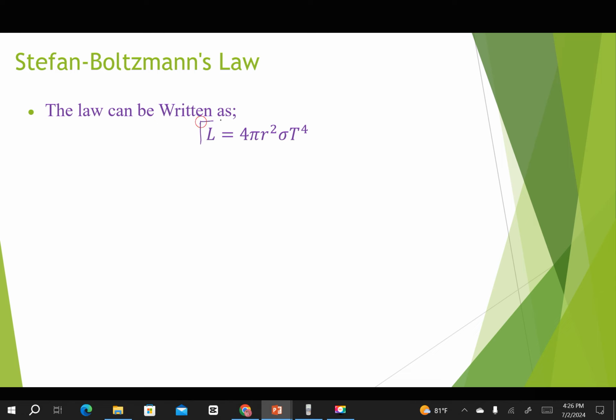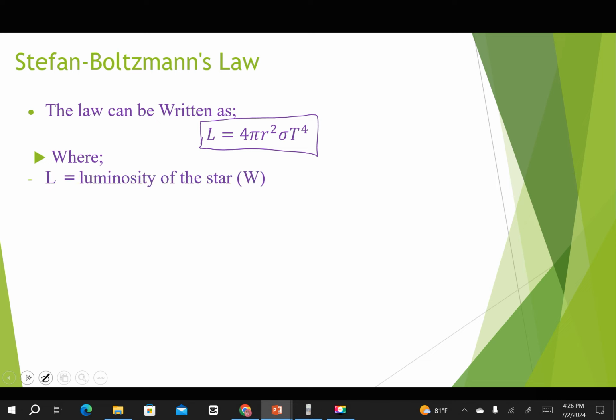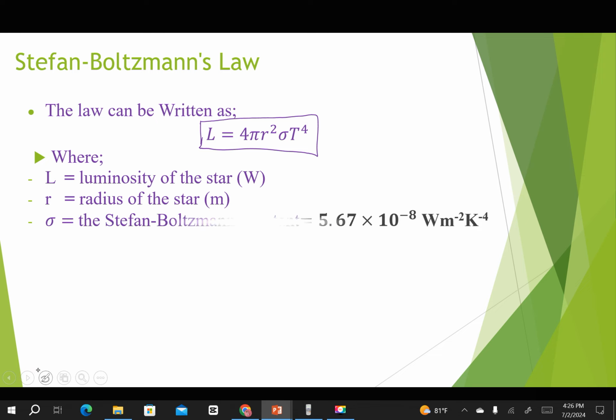Many times you'll find Stefan Boltzmann's law written like this in the list of formulae, where L refers to the luminosity or the total radiant power. L is the total radiant power, which we call the luminosity of the star. And R is, of course, the radius of the star. And sigma is called Stefan Boltzmann's constant, where experiments later on show that the constant is equal to this.